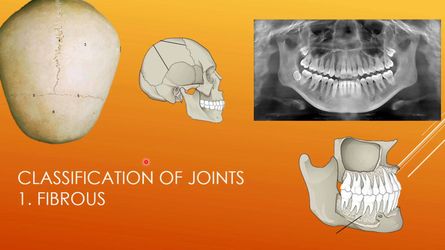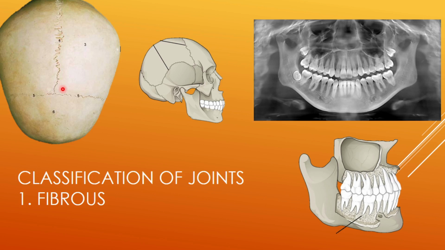So we find these kind of joints in the vault of the skull. Here we call them sutures. I mentioned them before, so you can see this fibrous joint lying between the two plates of, this is parietal bone, and there's the other parietal bone, and the joint between them, the suture between them.